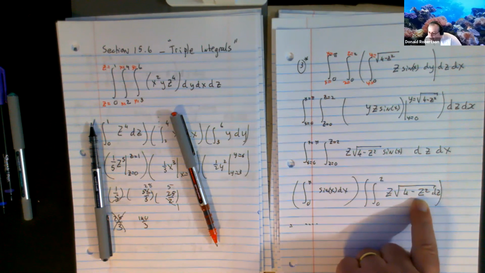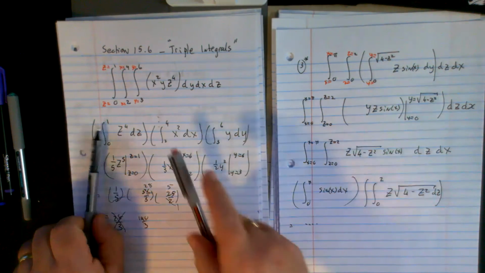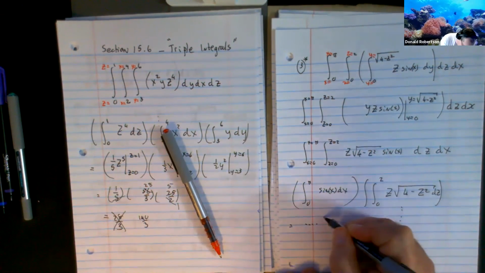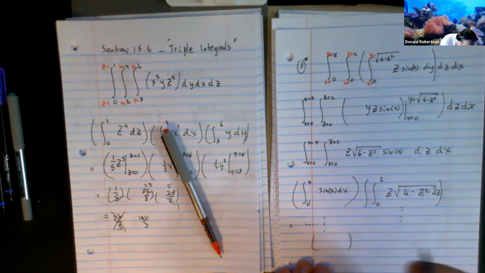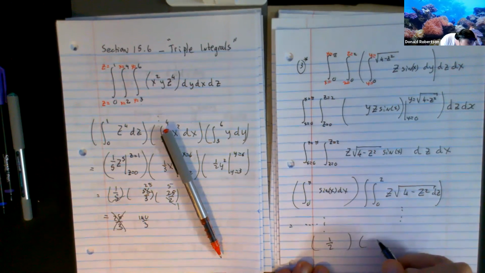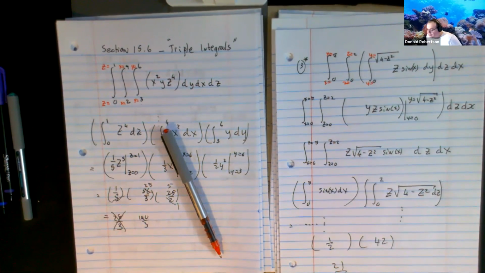And 4 minus z squared is a U sub, agreed? Yeah. Right, so can you pretend that we just spent the next 5 minutes doing that, and this is not the right answer, right? No way is it the right answer, but it's a half times 42, in which case the answer would be 21. So you'd get the two answers right separately, and then you'd multiply them.